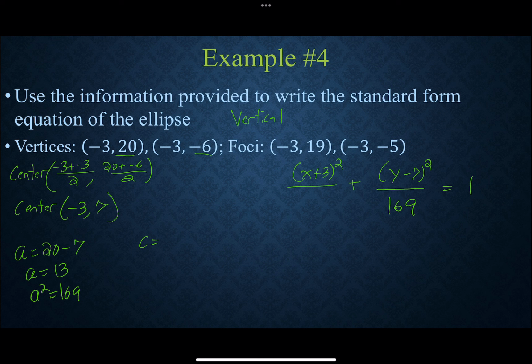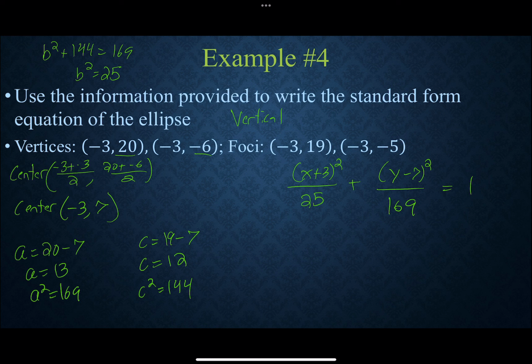So going from 19 to 7, so 19 minus 7 would tell us the foci is 12, so c squared is 144. So then we use our b squared plus c squared equals a squared formula. So b squared plus c squared equals a squared, so b squared is 25. So it'd be a 25 down below the x plus 3.